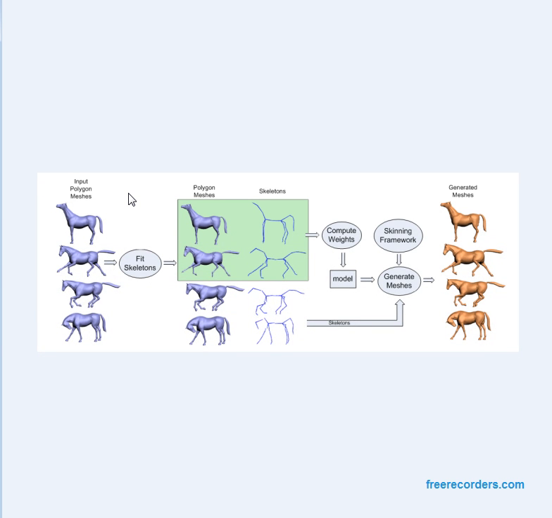Over here we have our input polygon meshes, and we have various poses for it, right? And what the algorithm for example-based skinning does is it applies weights to each vertex such that it fits the position of each example pose.